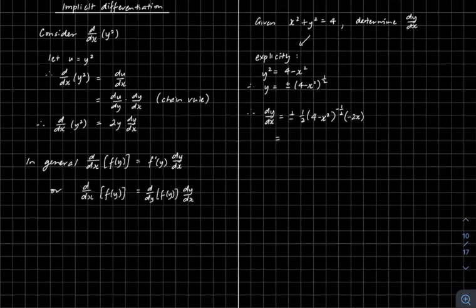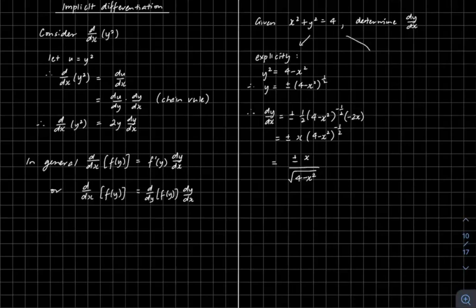So I could simplify that to say plus or minus x times 4 minus x squared to the negative a half, or if I wanted to put it back in surd form. All right, so there's the derivative if I do that explicitly.